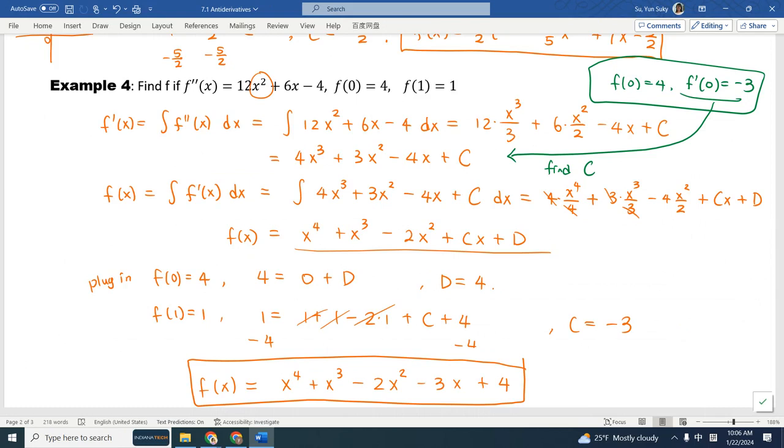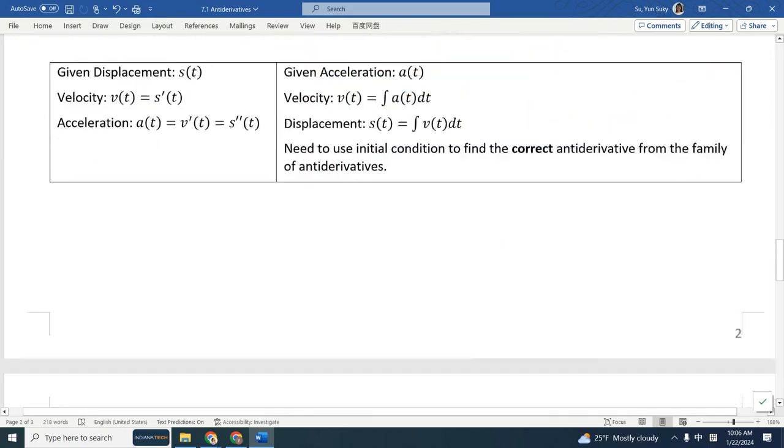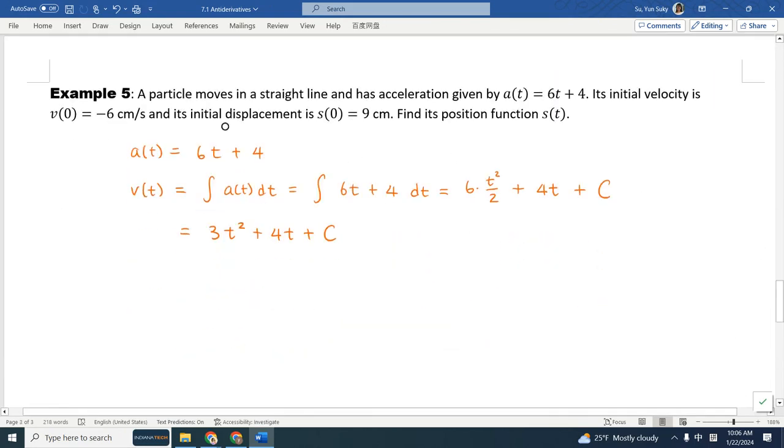No, we have to continue to integrate one more time to get f, and then we plug in both conditions in f. But in this problem, one of our initial conditions is about v. So we can plug in v of 0 here to find the c. We don't have to integrate two times to get the displacement and plug in.